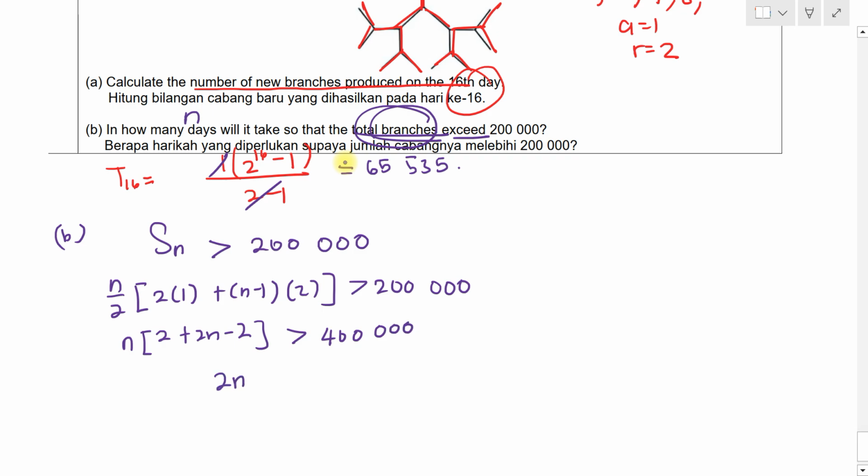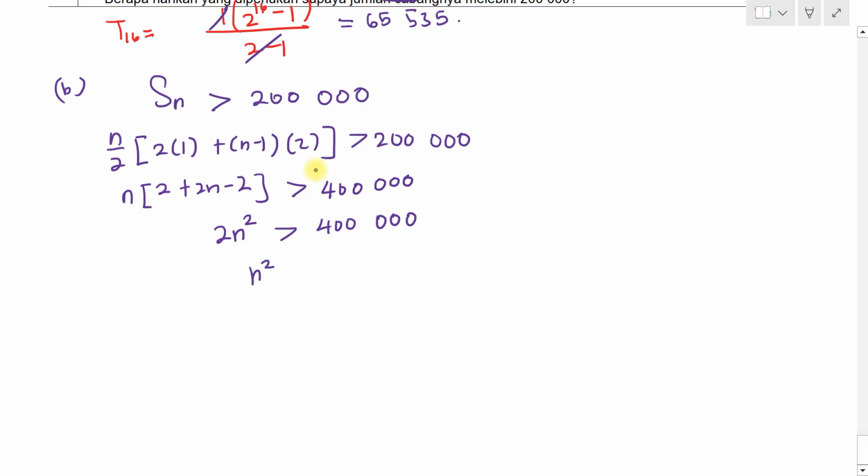So 2n squared is 400,000, n squared is 200,000. n squared is 2000. So n squared minus 2000 greater than 0.